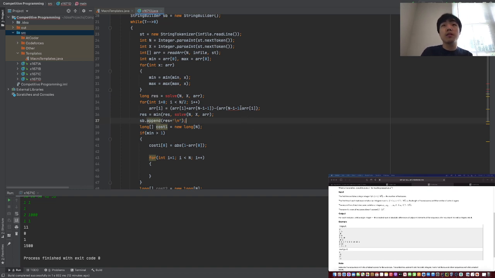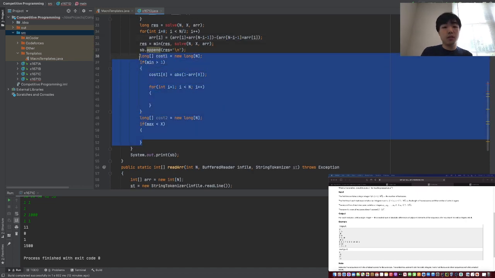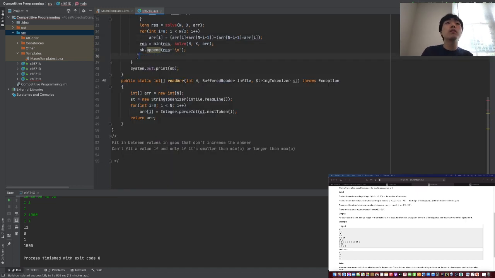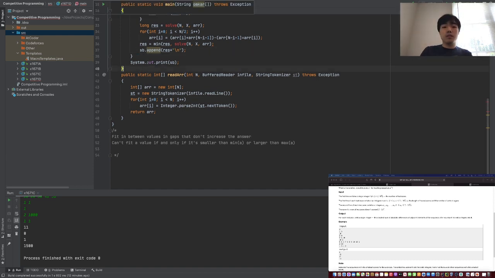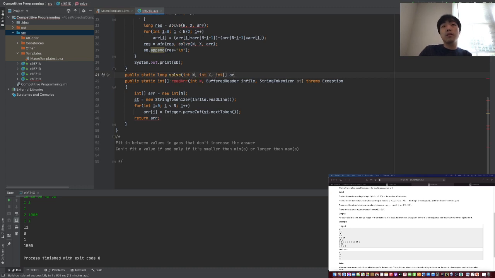That would probably be the cleanest way to implement this, because reversing does essentially the same thing. Okay, cool. And then we can just do public static long solve index in array.